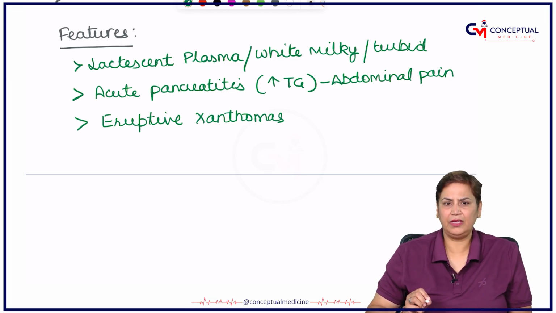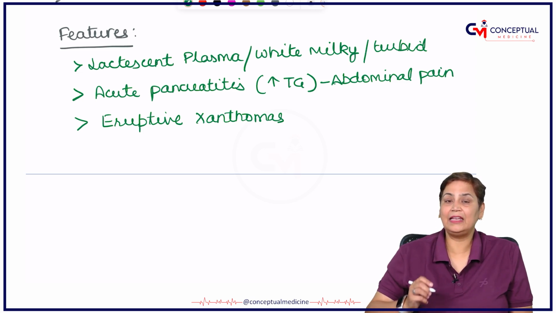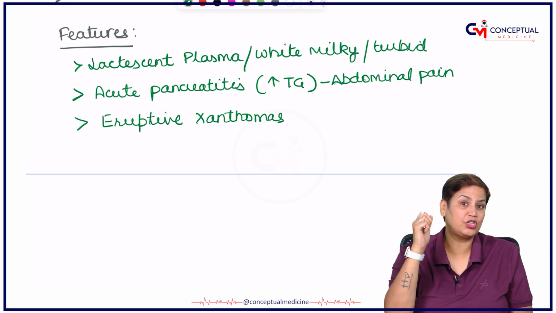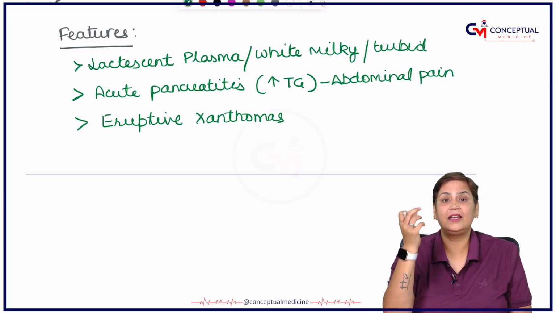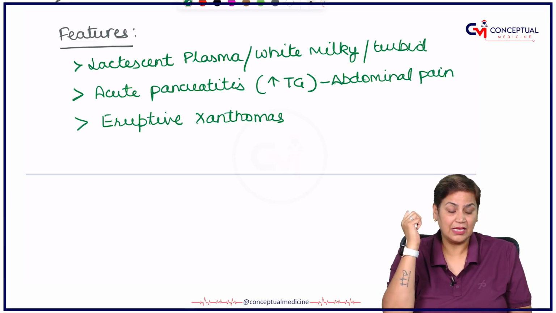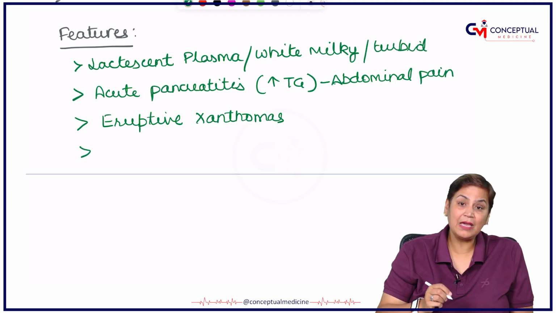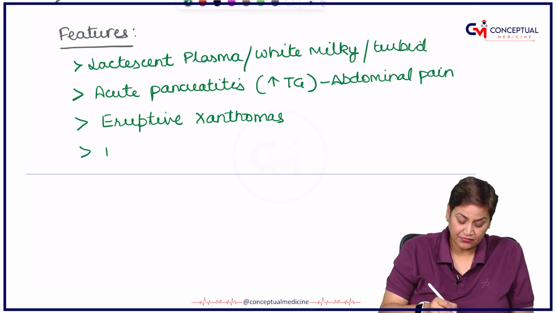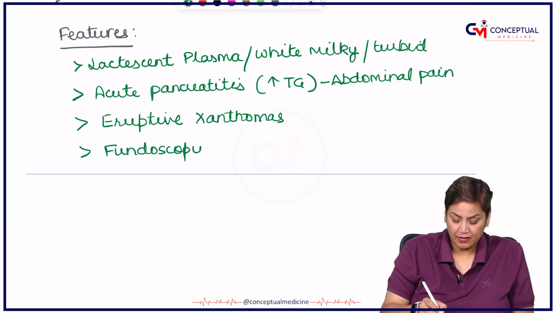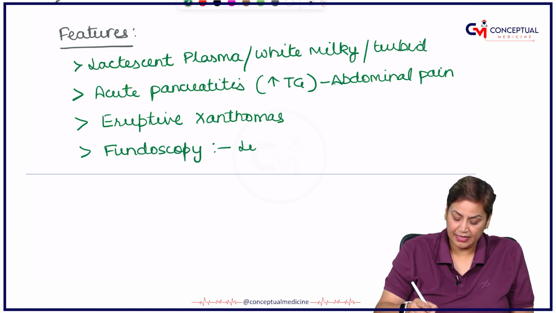And if we do fundoscopy of the eye, one can see deposition of triglycerides in the retinal blood vessels, which is known as lipemia retinalis. So fundoscopy will reveal lipemia retinalis.